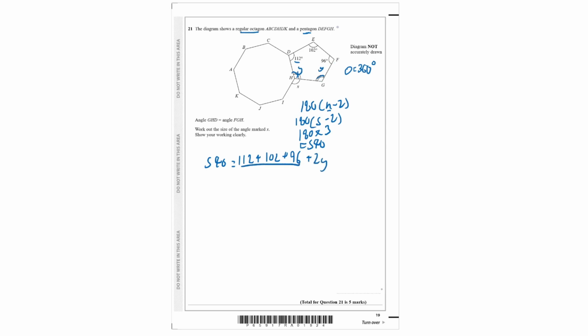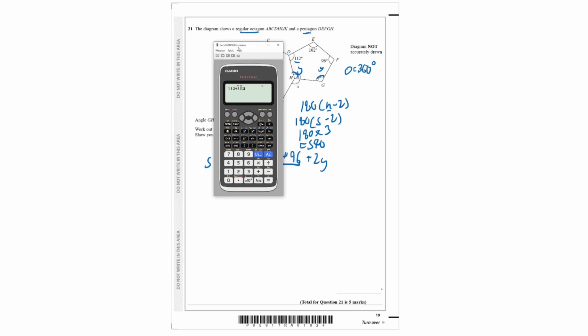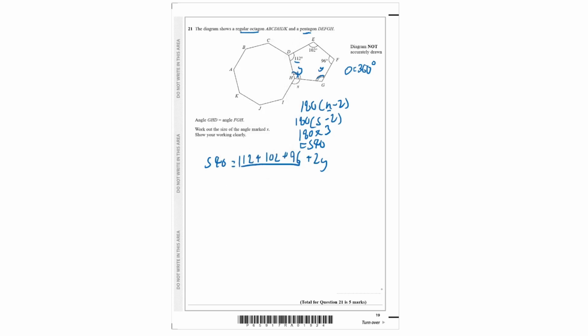We can combine these values using our calculator. We have 112 plus 102 plus 96, which gives us 310. So 310 plus 2y is equal to 540.